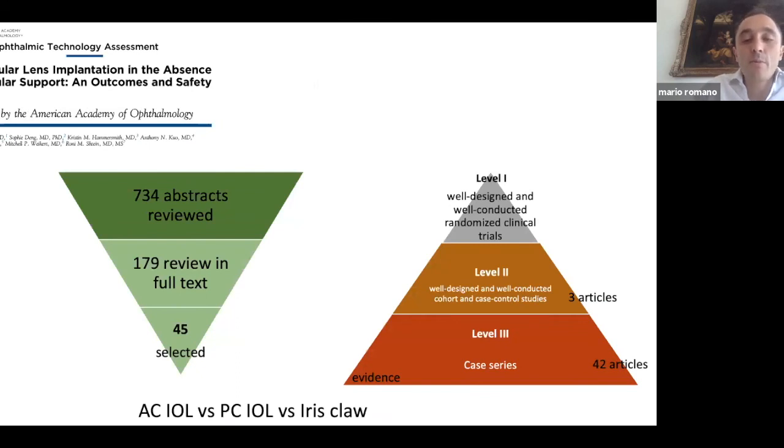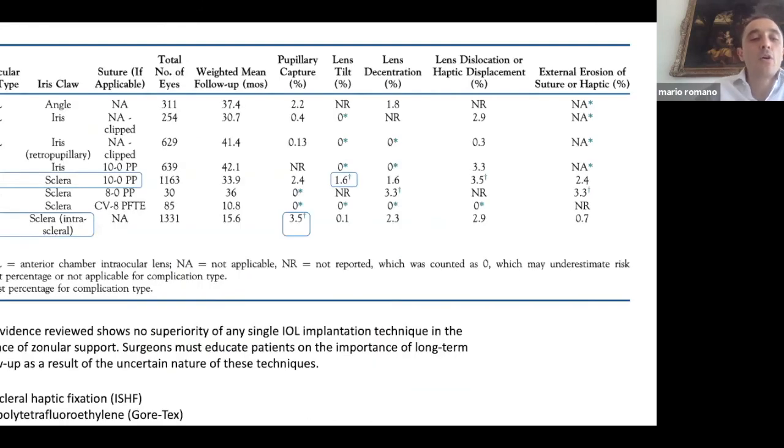Finally, I want to report this meta-analysis where 45 papers were selected, comparing the anterior chamber IOL, posterior chamber IOL, and iris claw. Regarding the evidence, most of the articles were level 3 evidence, so only case series. The review shows no superiority of any single IOL implant technique in terms of better zonular support.